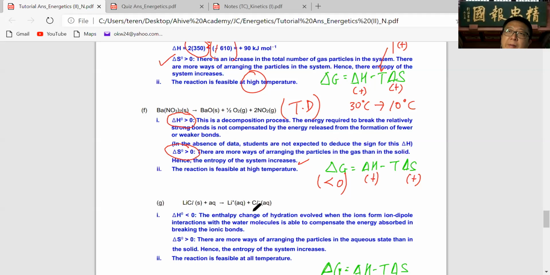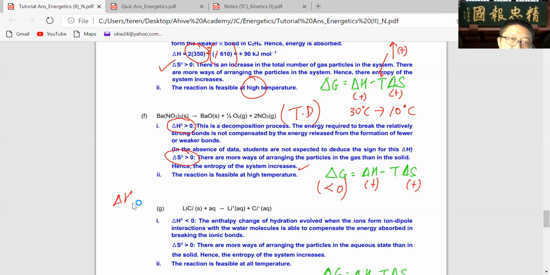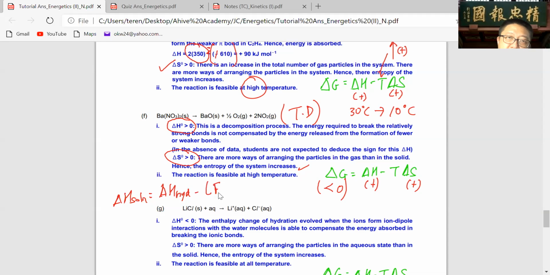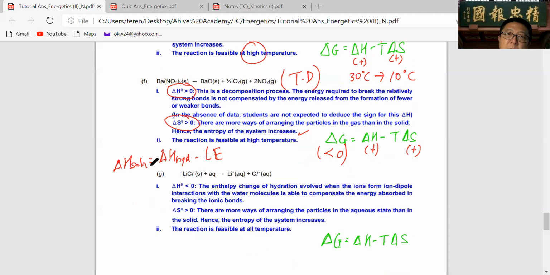You remember you learned about the relationship: enthalpy change of solution is actually your hydration energy minus your lattice energy. So you just take note, your overall enthalpy in order to be soluble in water is less than 0, right?